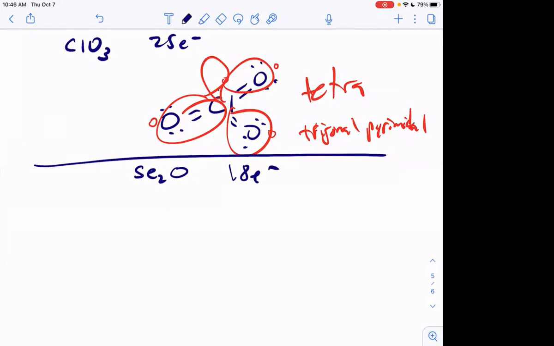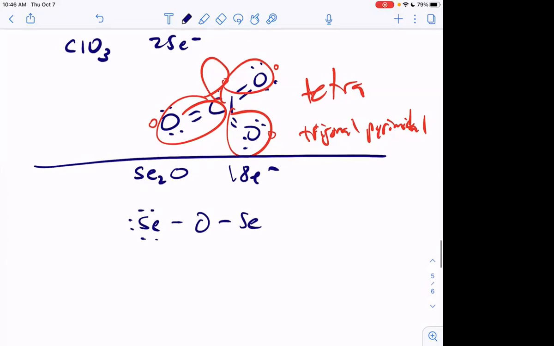We run into some problems with oxygen as the central atom, because you're going to do this. You're going to need a double bond because you're only going to have 16, only got 2 left, right? That gives me 18, and I don't have an octet on oxygen yet.